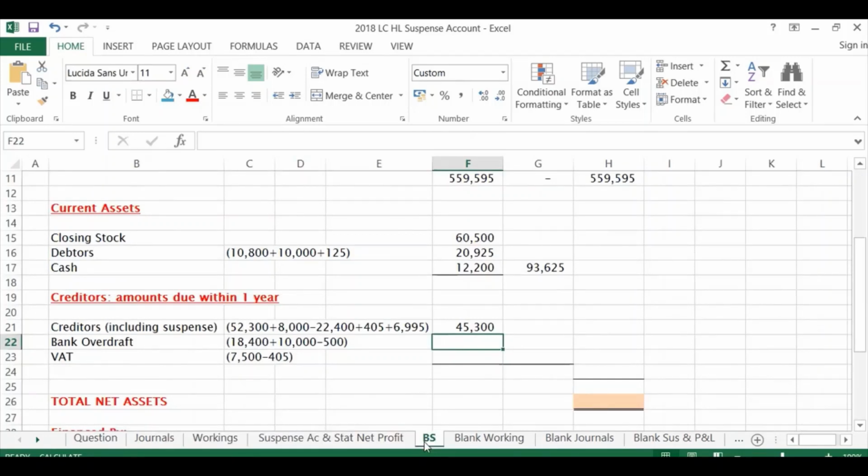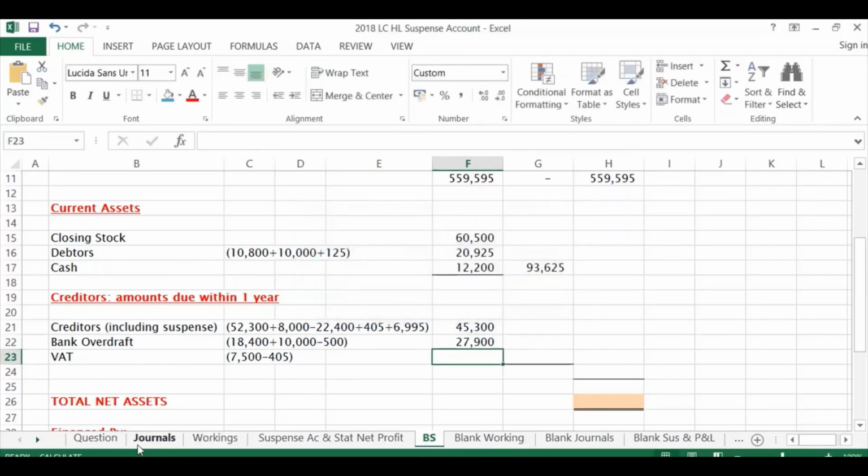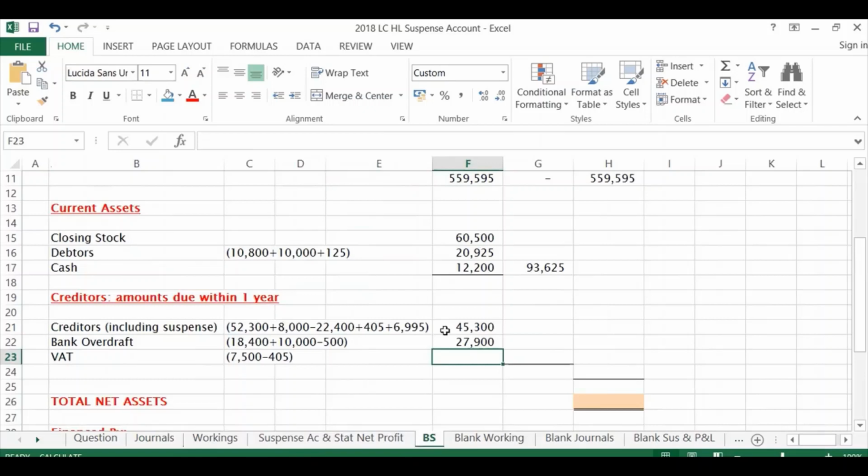So my original bank overdraft is 18,400. I'm going to add the 10,000 credit. I'm going to take away the 500 debit. So that's my bank done.